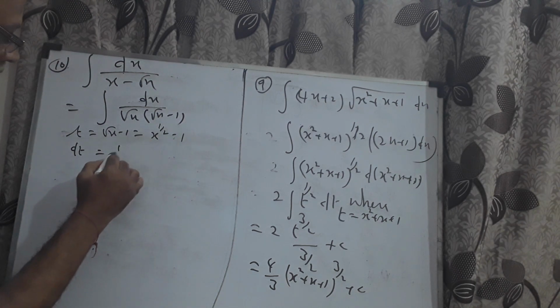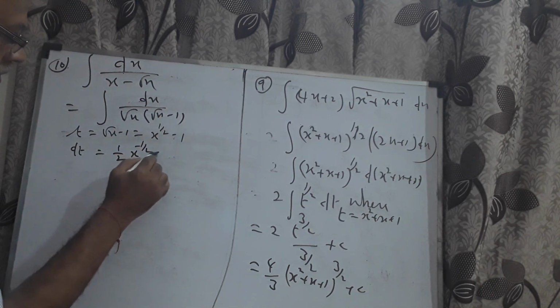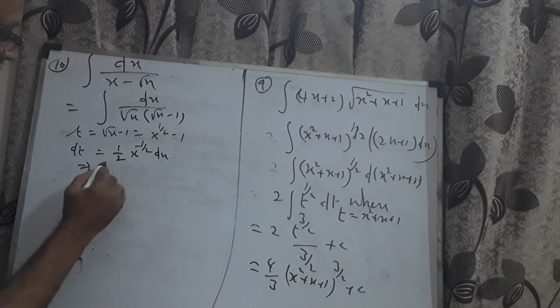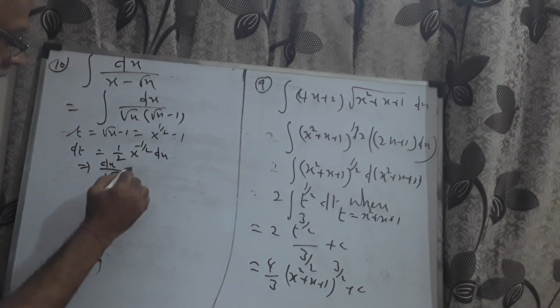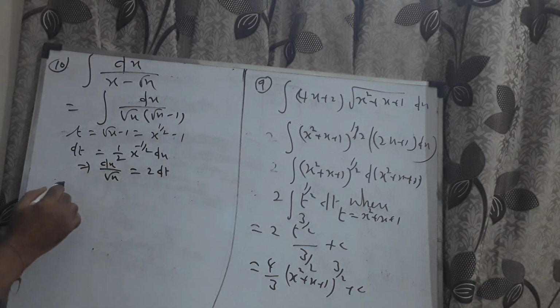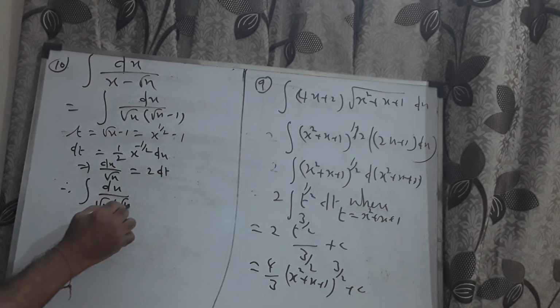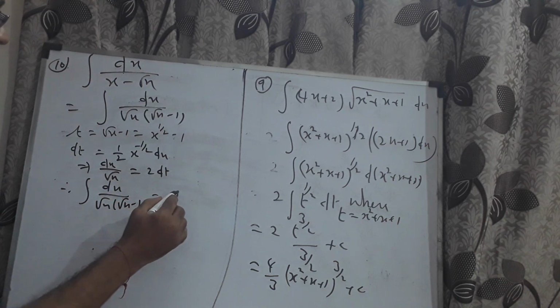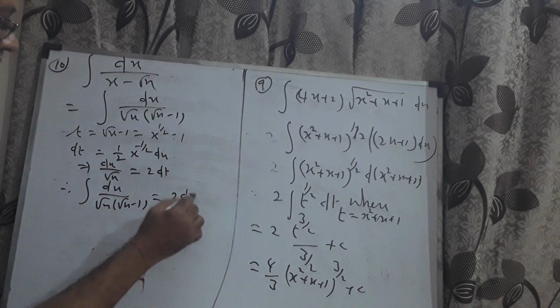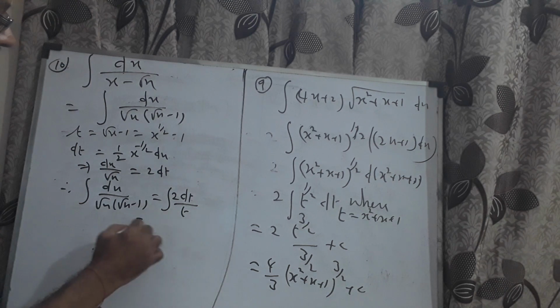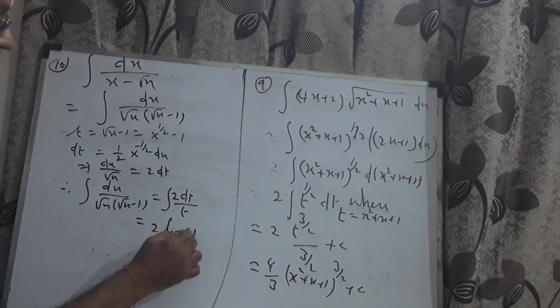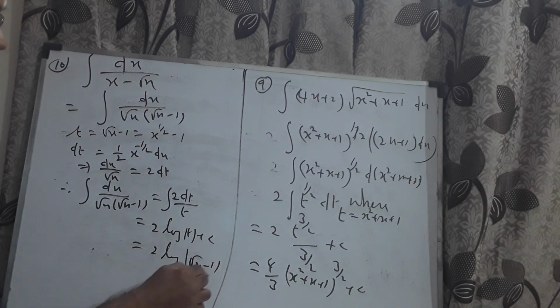My dt is half x power minus half dx, which implies dx by root x will become 2 dt. Therefore, integral dx by root x into root x minus 1 will now become 2 dt by t. This is twice of log mod t plus c, which is twice of log mod root x minus 1 plus c.